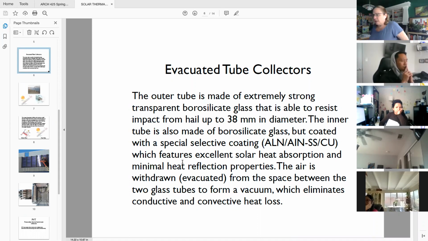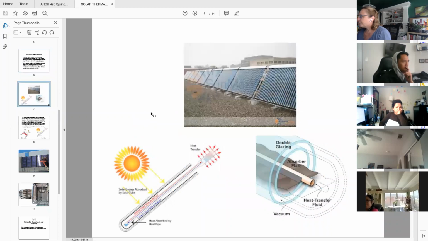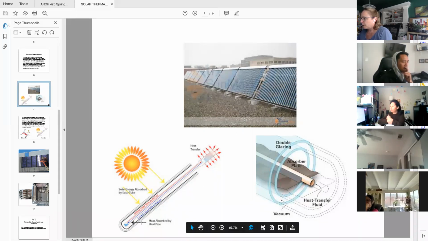There's a type of solar thermal array called evacuated tube systems, where instead of a flat plate array, you have an array of a series of glass pipes that use a vacuum for insulation and high temperature heat transfer. A couple different ways you can do this.